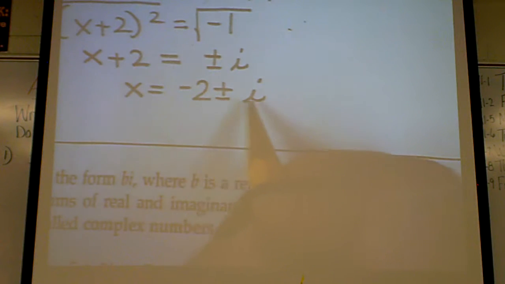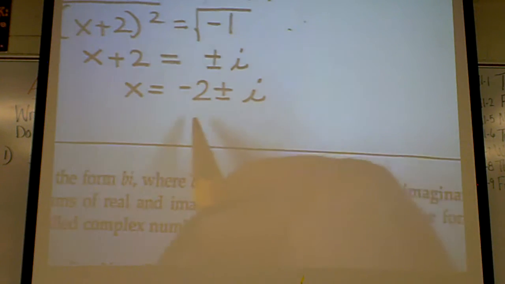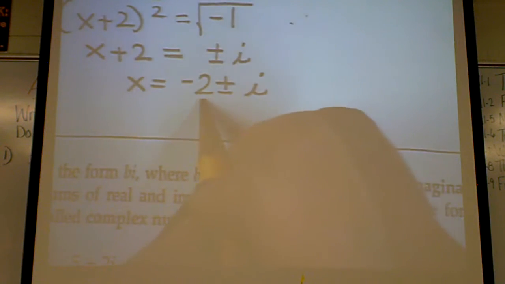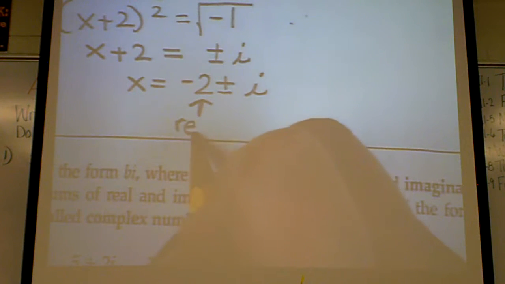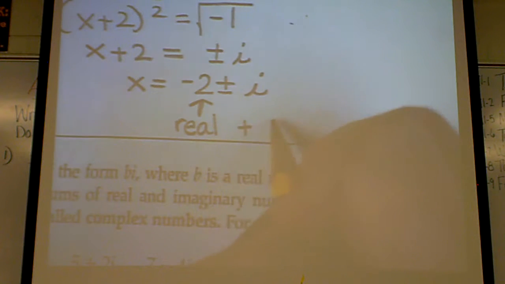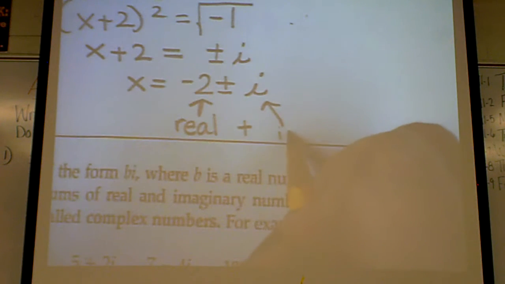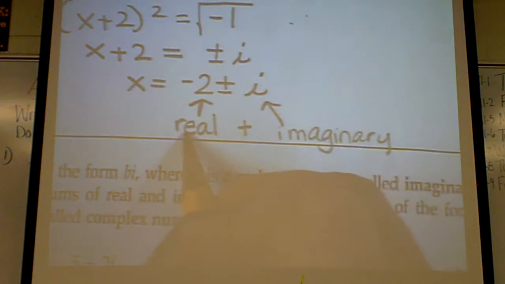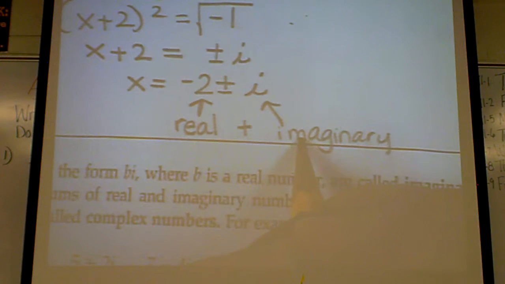This is called a complex number. What is a complex number? It is a real number and an imaginary number. A real number with an imaginary number is called a complex number.